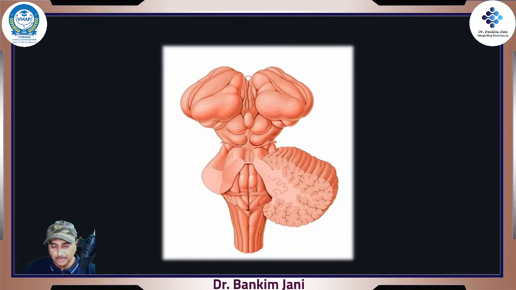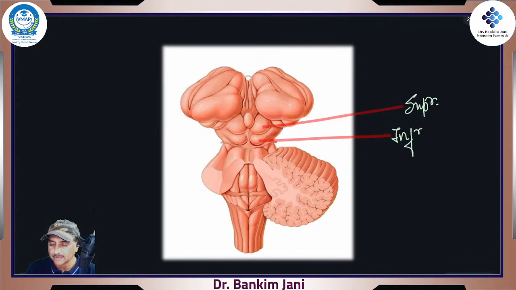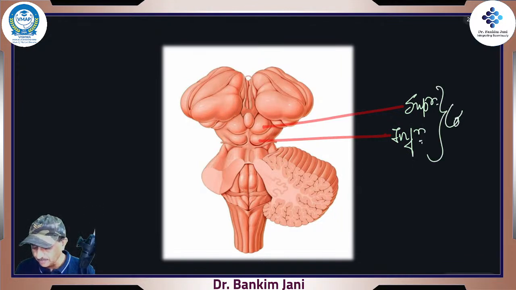So we talked about the geniculate bodies, right? As seen over here, this is the superior and this one is the inferior colliculus, because here they are seen so clearly. And classically, the pineal gland is present between the two lobes of the superior colliculus, right?